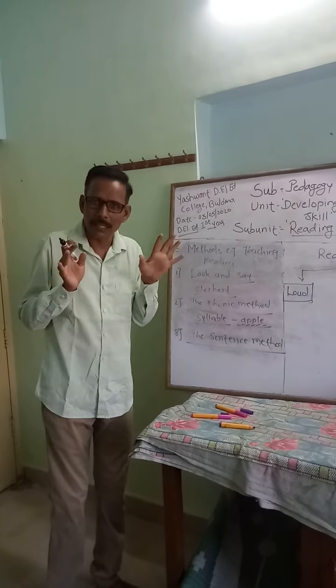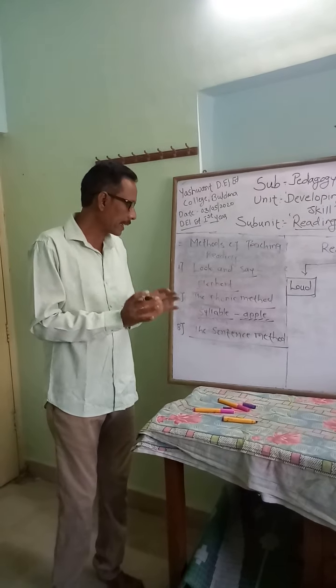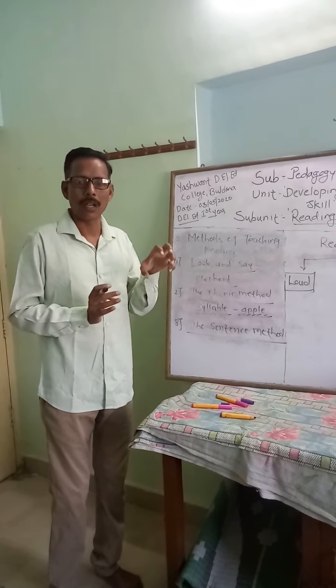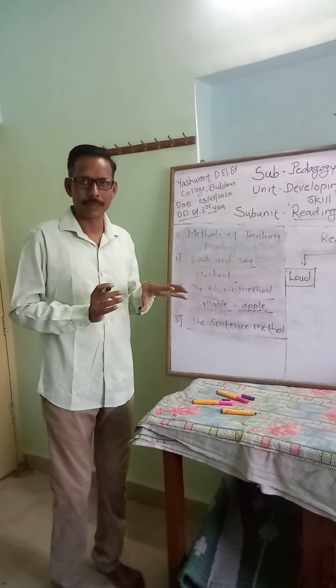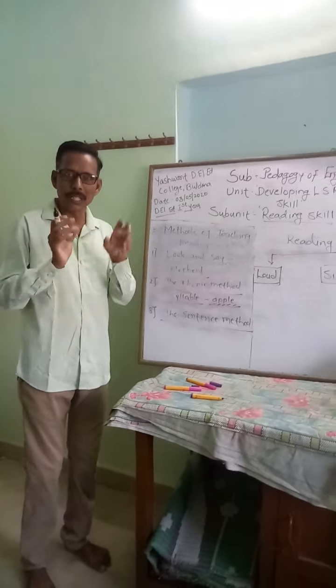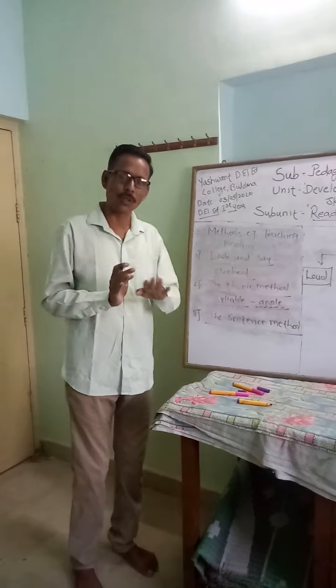These are different types of sentences. We have to focus on the sentences, not on the word. So in the sentence method, the unit of teaching is the sentence, not a word.